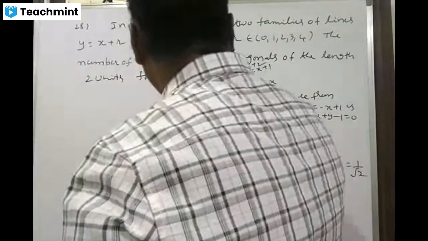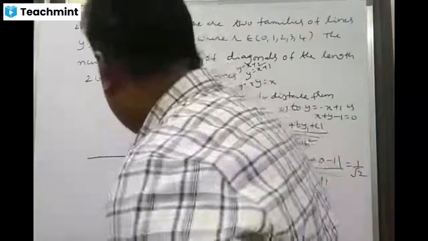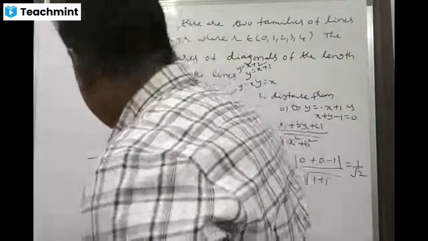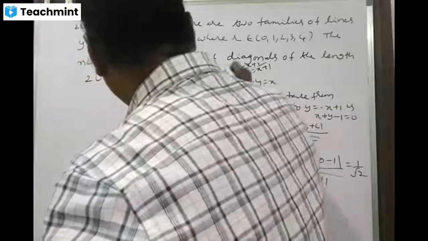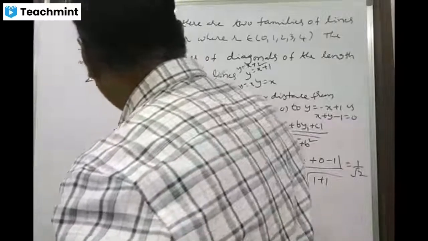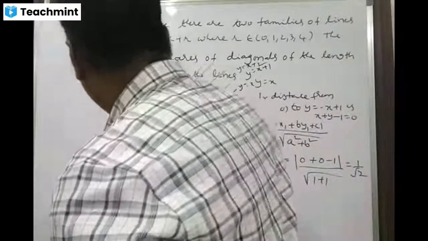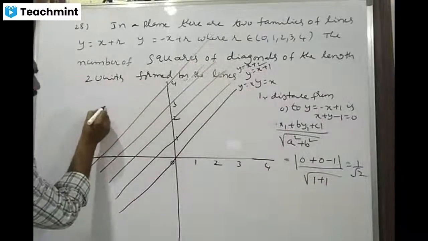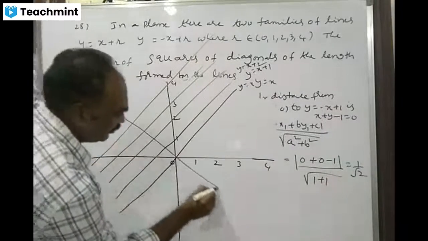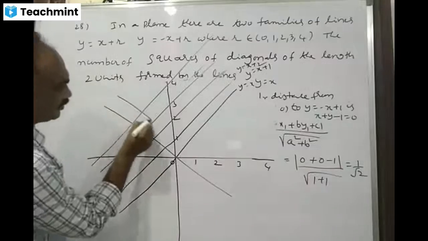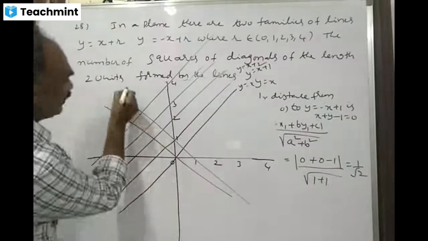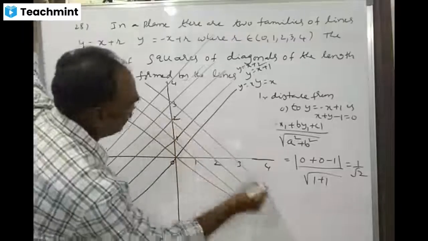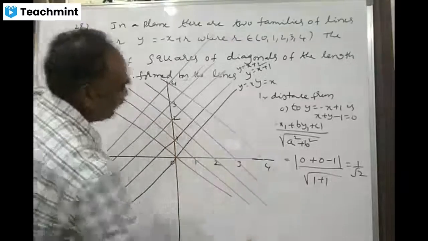Next, this is y is equal to x plus 1, this is y is equal to x plus 2, this is y is equal to x plus 3, and this is y is equal to x plus 4. Next, friends, this is the y is equal to minus x line, then y is equal to minus x plus 1, minus x plus 2, minus x plus 3, and minus x plus 4.